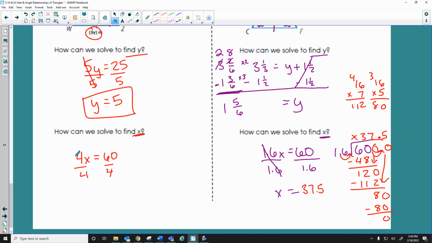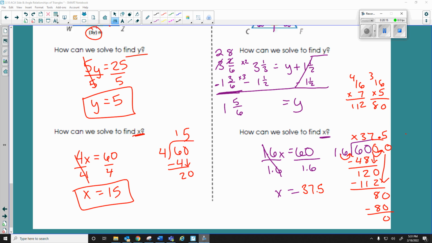Divide by 4, divide by 4. Let's go off to the side. 60 divided by 4. Maybe you know it off the top of your head, but let's pretend you don't. That gives me 15. Okay? So, not too bad, not too bad.